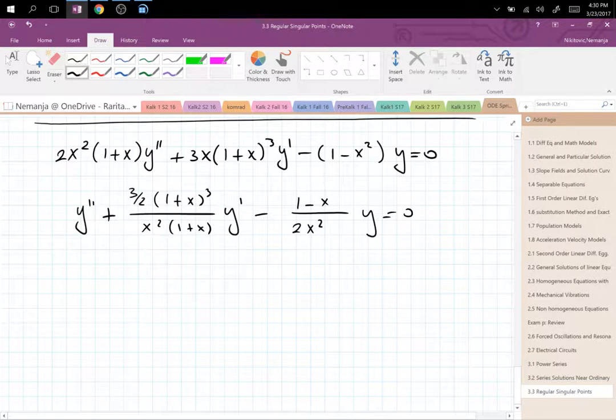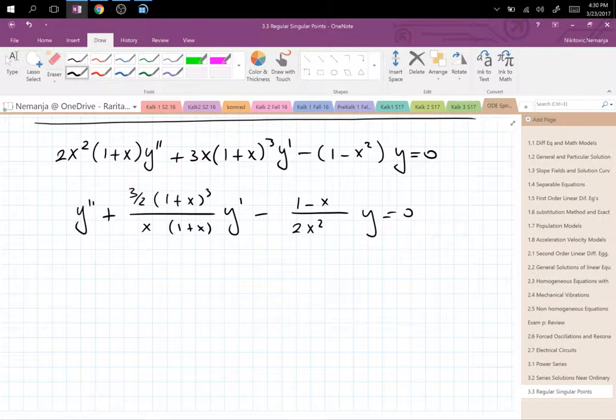So, did I do this right? Yep. And now we see that this was supposed to be x, not x squared. So we have a single x here and the x squared there, right?